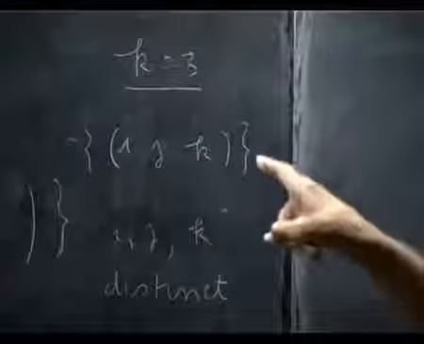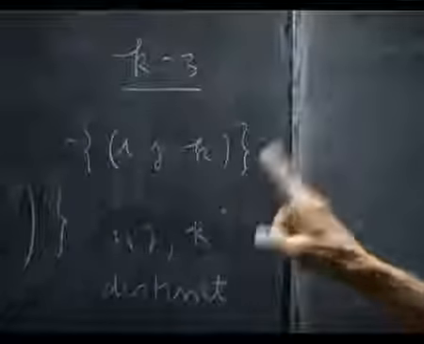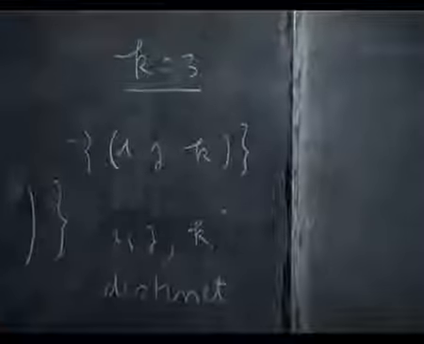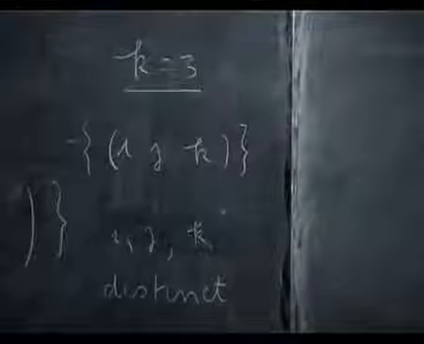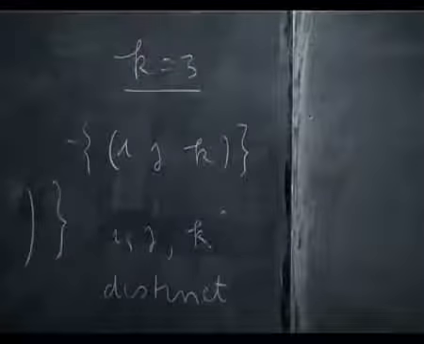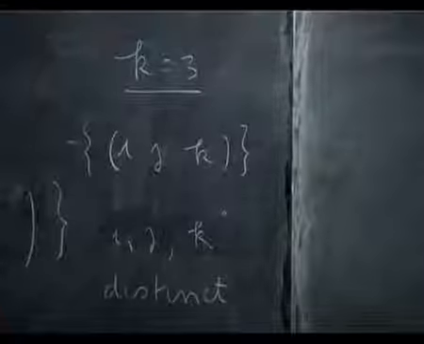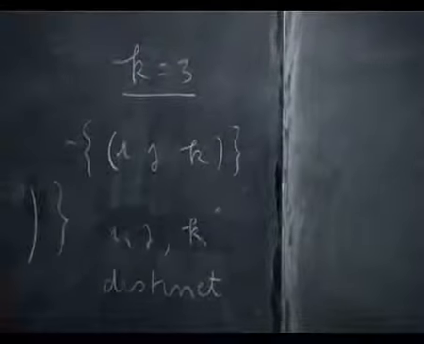So this is a cyclic permutation on 3 objects, and the rest it doesn't do anything. So this is a cycle.